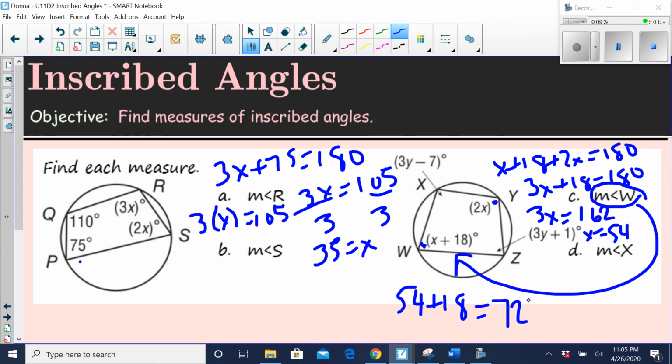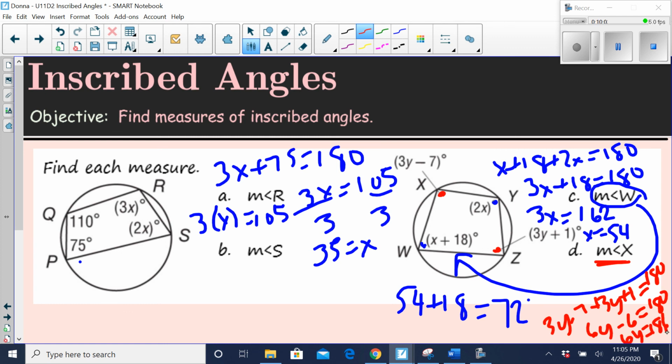Okay. It also asks me in this problem to find the measure of x. So I would do the same thing here. X and the angle opposite have to be supplementary. So I say 3y minus 7 plus 3y plus 1 equals 180. Combining like terms, I get 6y minus 6 equal to 180. If I add the 6 over, I get 6y equal to 186.